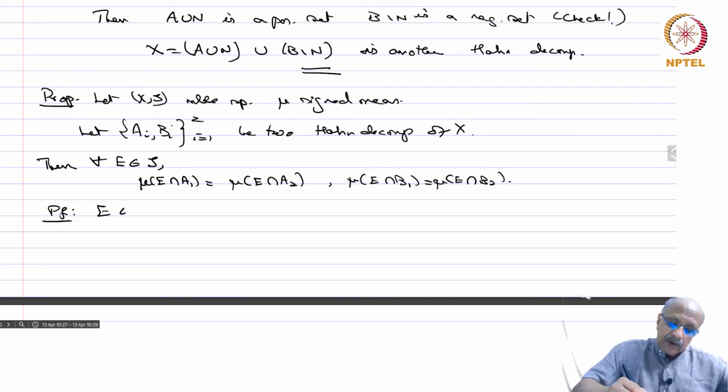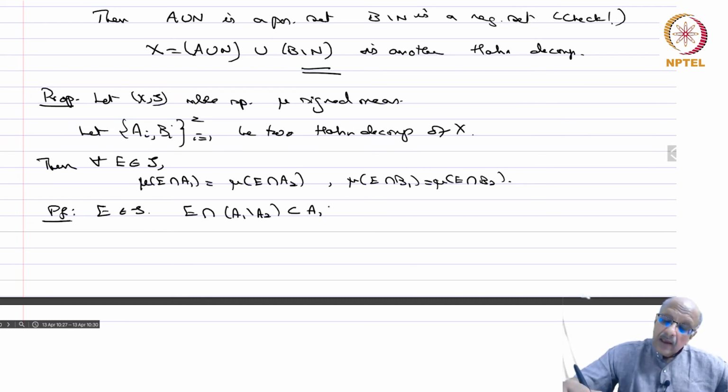So let E belong to S, and we have E intersection A1 minus A2 is contained in A1, and therefore mu of E intersection A1 minus A2 is greater than or equal to 0.